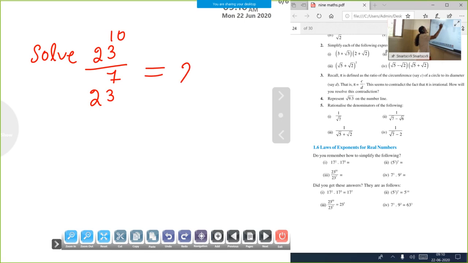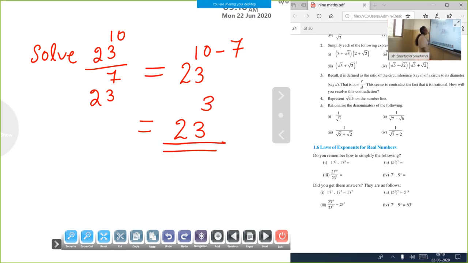So you write it as 23 raised to 10 minus 7. We need to subtract it. So what is our answer? 10 minus 7 is plus 3. So our answer is 23 raised to 3.